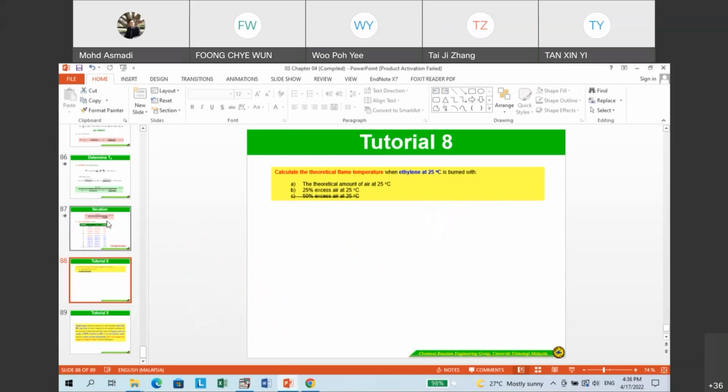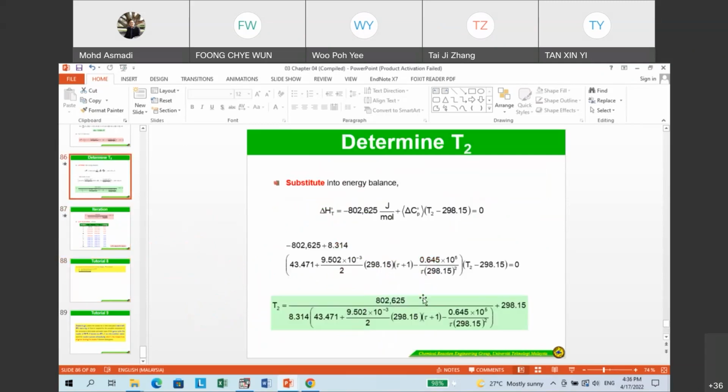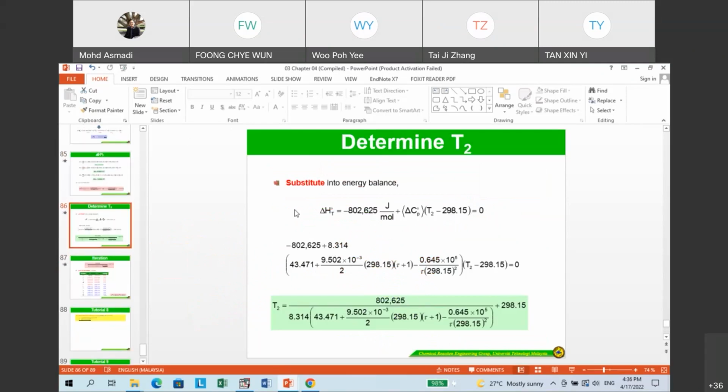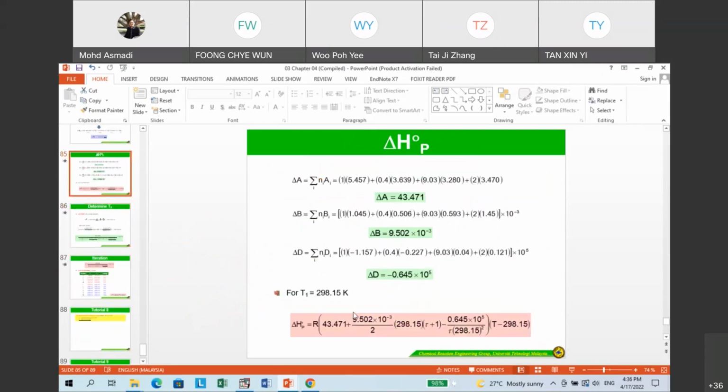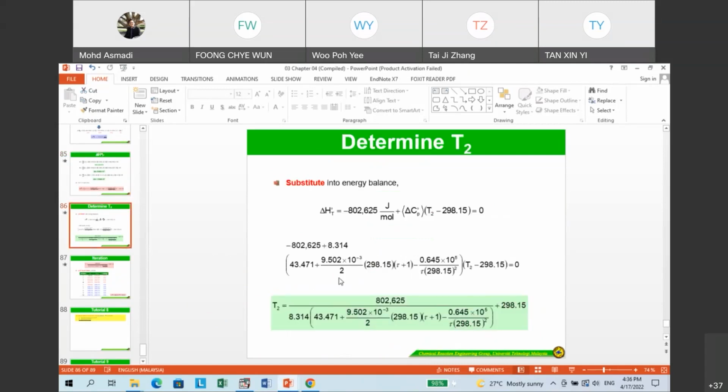But you can expand the equation in terms of T divided by T naught by using the mean heat capacity. It's already here, so you have to find T. Just substitute into this equation. It's similar when you rearrange in terms of T2.